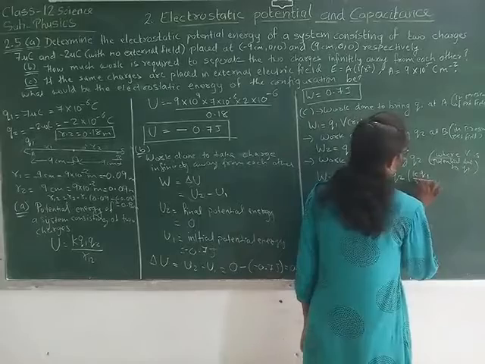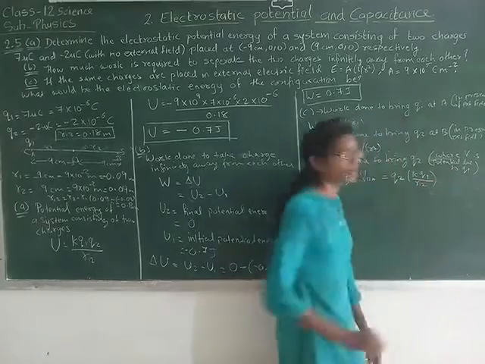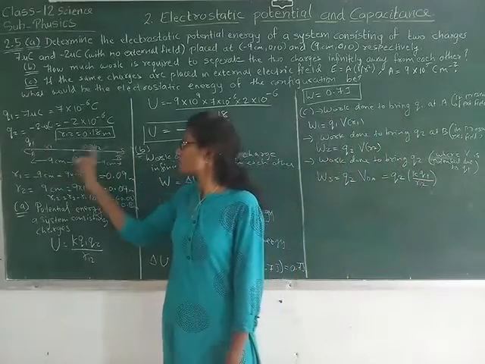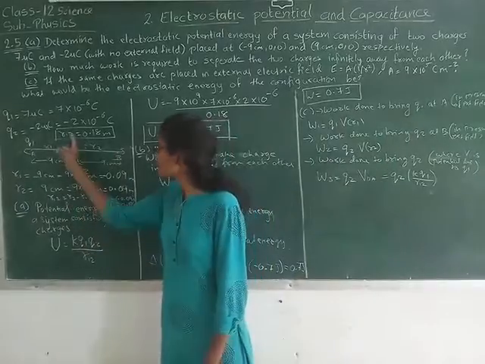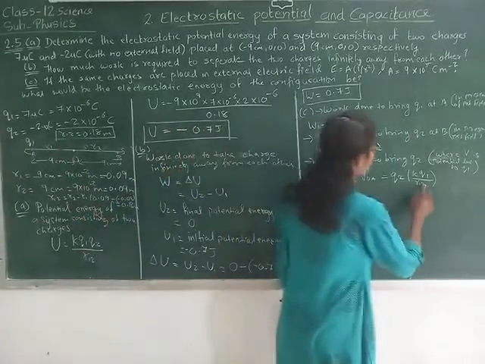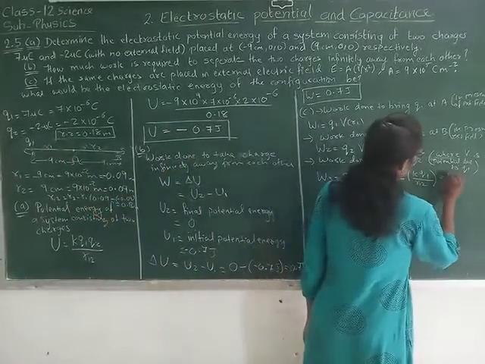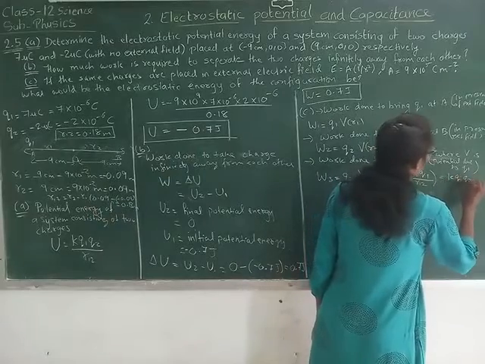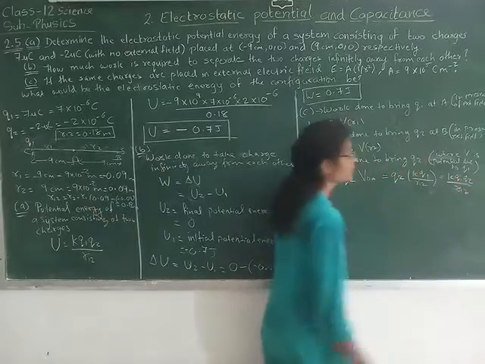Or we can say the distance between the first charge and second charge is denoted by R12. So that becomes K Q1 Q2 upon R12.